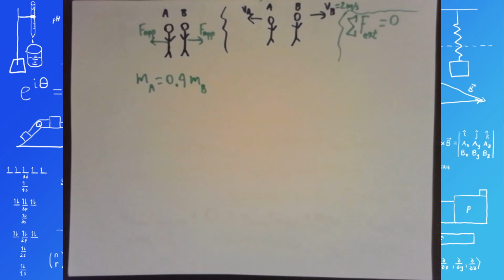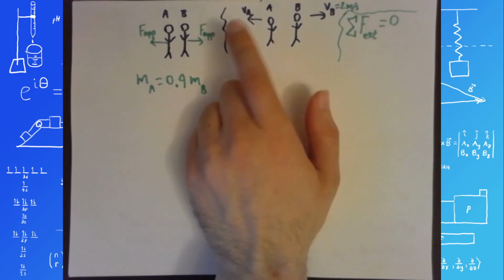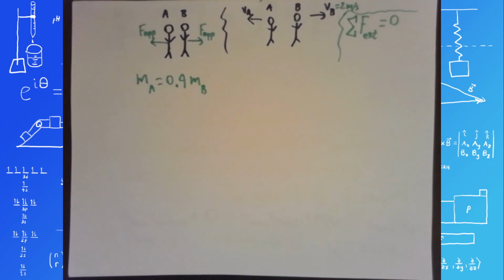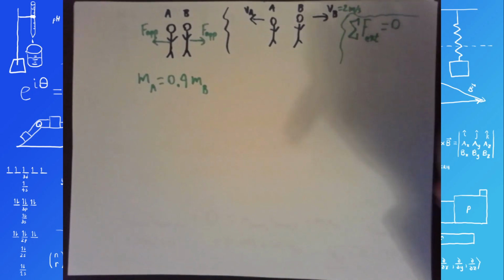Speed, that means we need to get the magnitude, but we still want to see a negative sign, because we know that this person is going to have to move in the opposite direction if they both started from rest. If we don't see a negative sign, then that tells us we did something wrong with our math. So even though we don't want the negative sign in the end, we still want to see it before the end, just to make sure we did everything right.